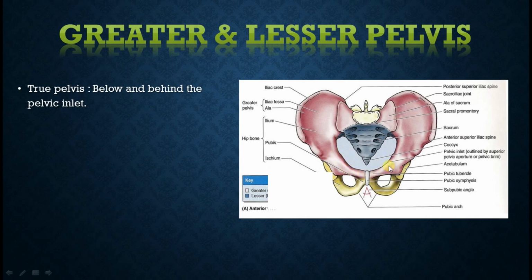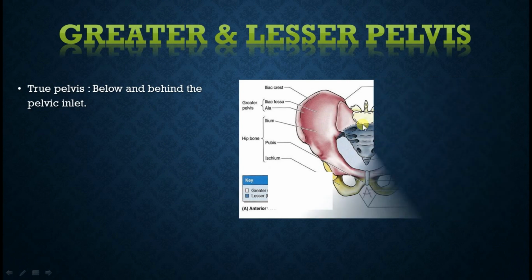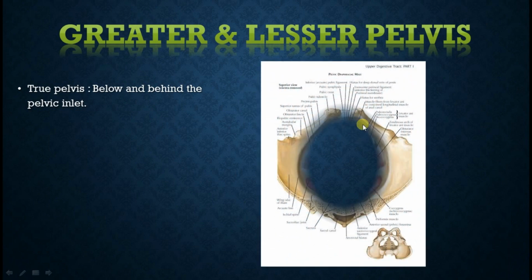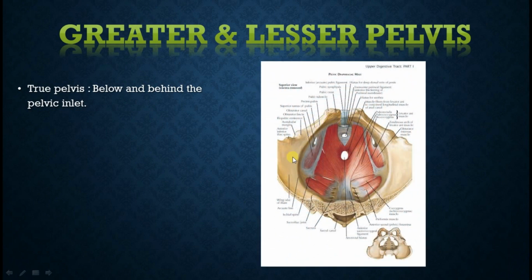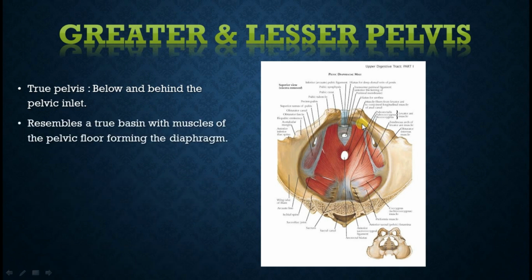So this is called the pelvic inlet, or it is also called the pelvic brim. This uppermost border of the true pelvis is the pelvic brim. It resembles a true basin, and the outlet is closed by the muscles which form the pelvic diaphragm.